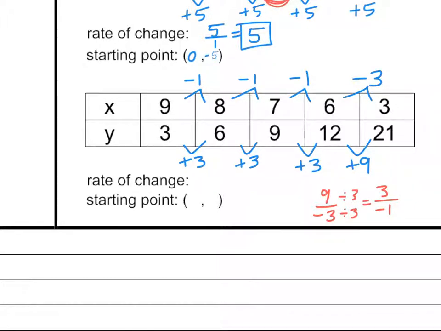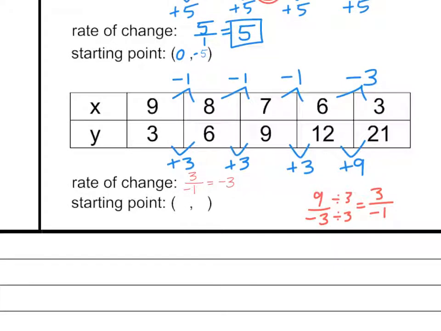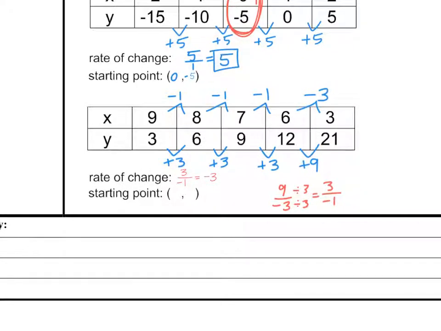So we write this as a change in y over the change in x. My change in y is 3 and my change in x is negative 1. So it's going to be 3 over negative 1, which we can simplify to negative 3. And then the starting point is kind of tricky because you don't actually see it in your table. So you'd have to add it when x is 0.